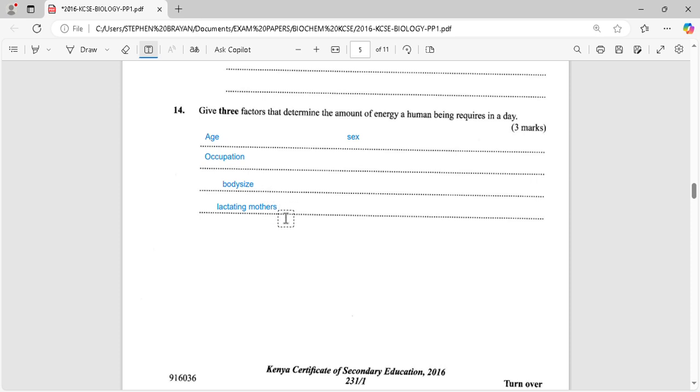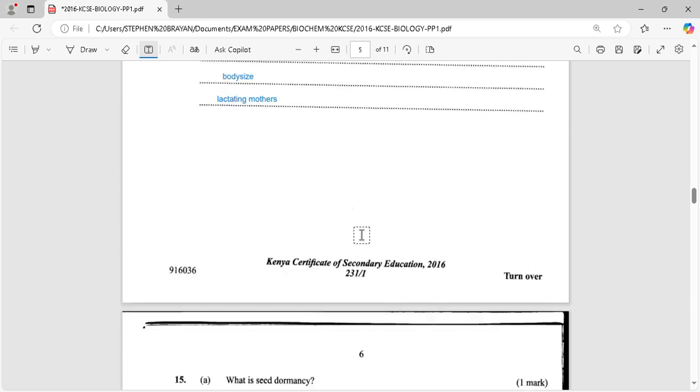Lactating mothers will require a lot of energy because they use some of the food that they take in the formation of milk. And when you talk about sex, males generally require more energy as compared to females, because males are more muscular than females.